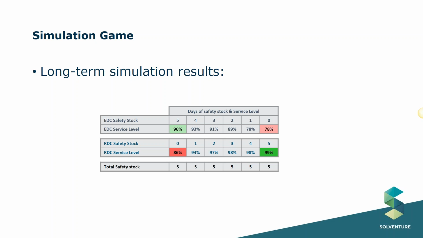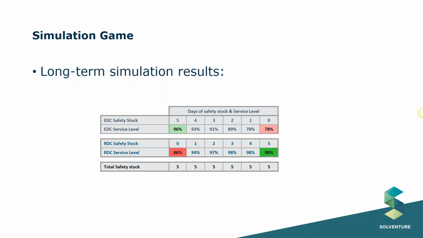If you do that, then of course the central service level is lower, 78%, because you don't have any stock left. But as a final customer, I am not concerned by the service level of the EDC to the RDC. This is only an internal agreement between the EDC and the RDC. As a customer, I am concerned with the final service to me, which is the service level of the RDC.